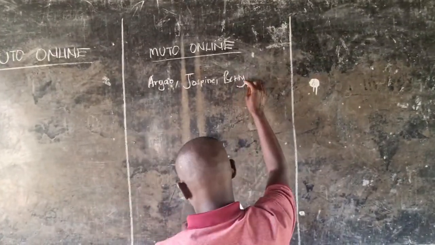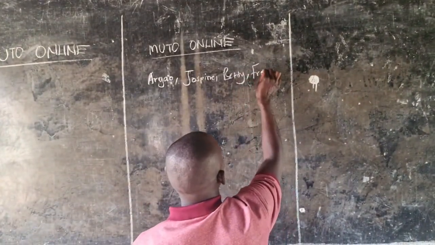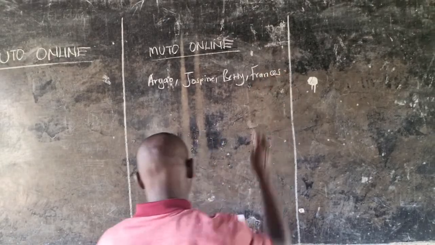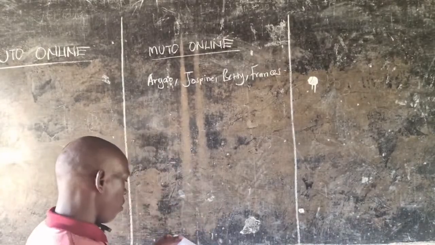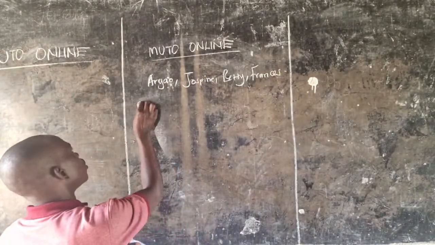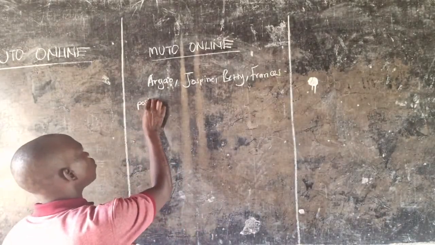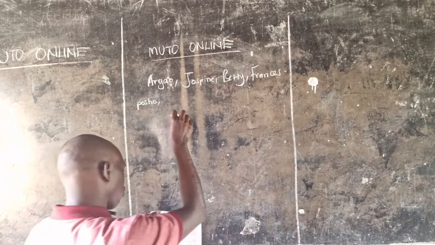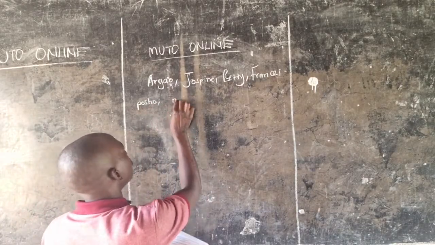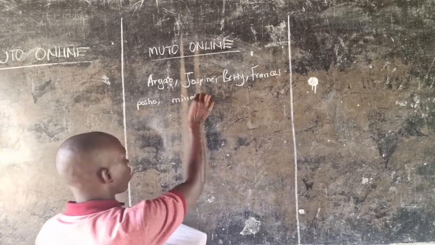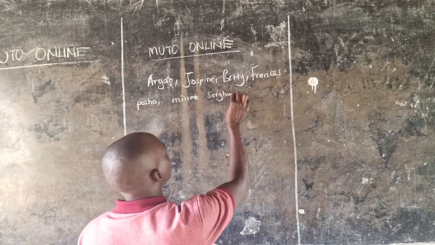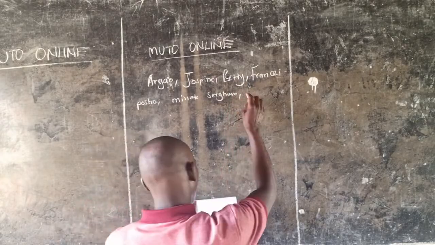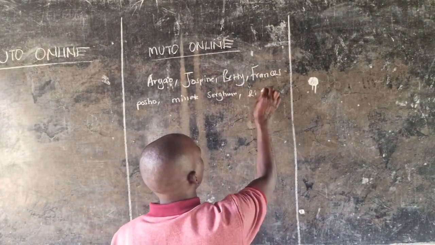And then we have Francis. Then the commodities that are coming in, these are items. We have Posho. Then we have millet. We have sorghum. And then we have rice.